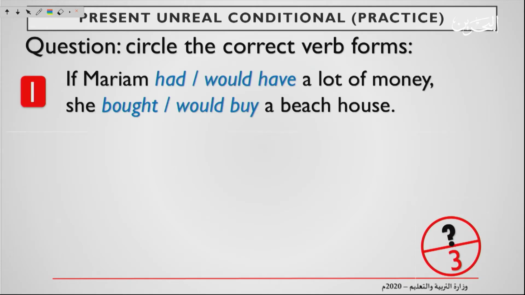Number 1. If Maryam had or would have a lot of money, she bought or would buy a beach house. Now, circle the right answer and you have 5 seconds.